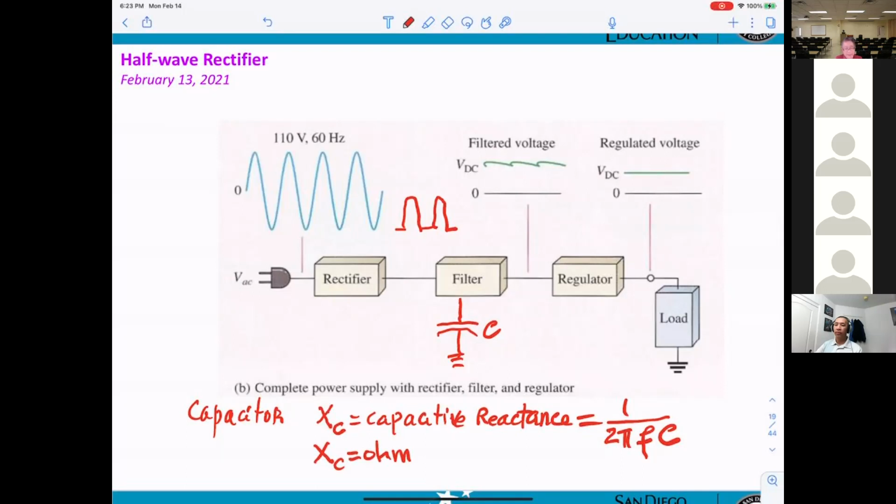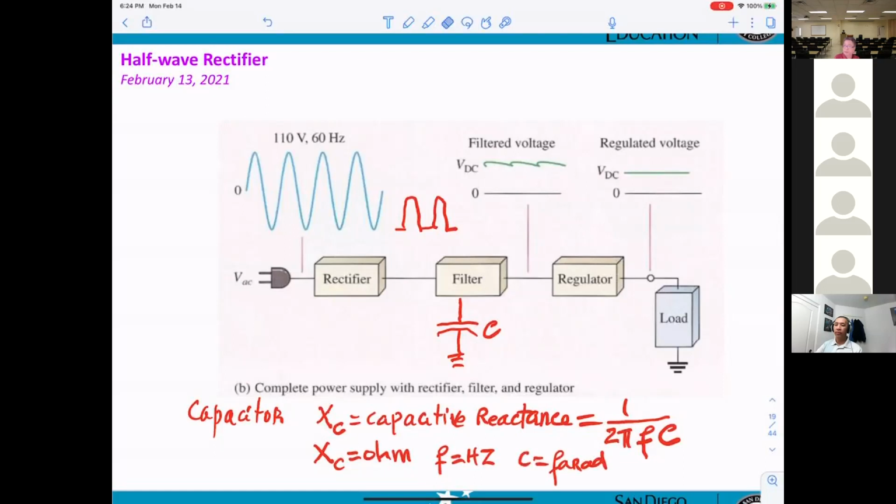It's called capacitive reactance, and it's calculated by the formula 1 over 2 pi F C. In this formula, pi is 3.142, F has to be in hertz, and C must be in farads. That's the unit of the capacitor.